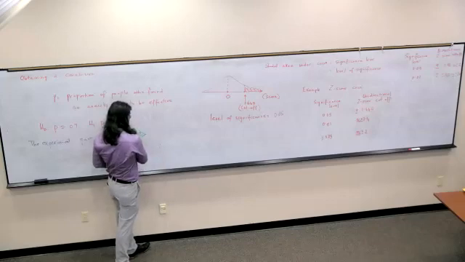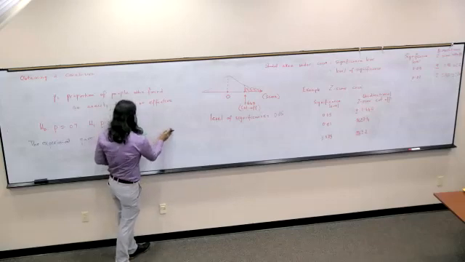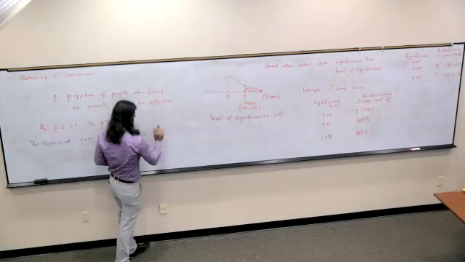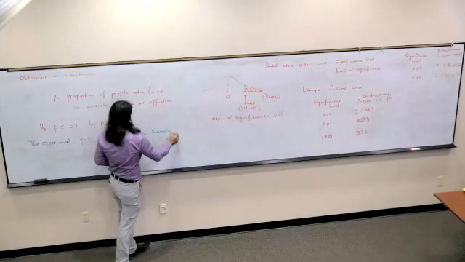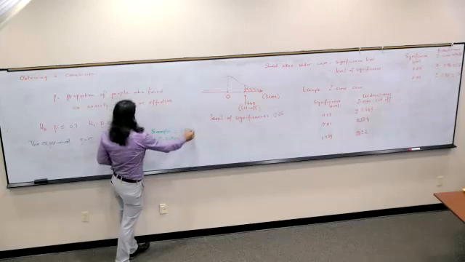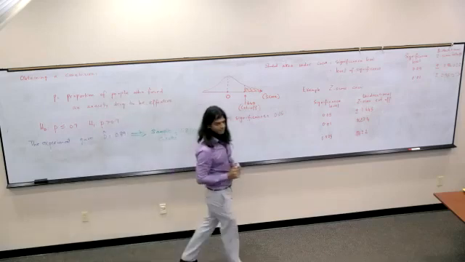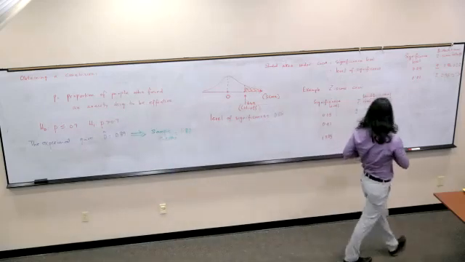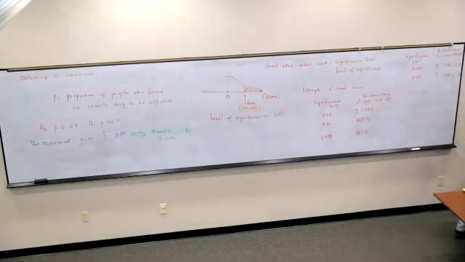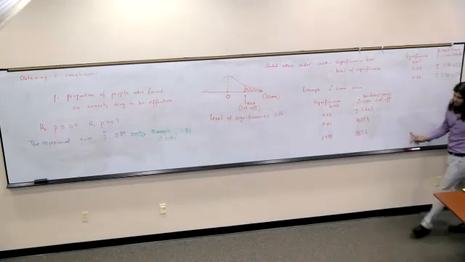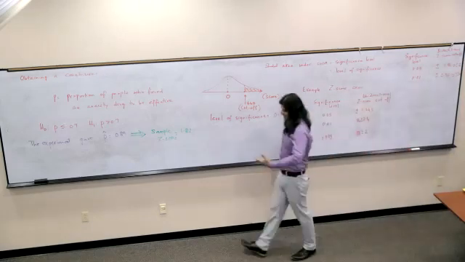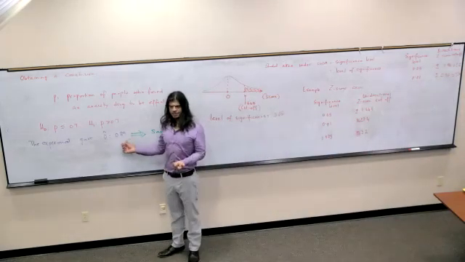So if P hat is 0.89, the corresponding sample Z score happens to be 1.82. So I did the experiments and it gave me 0.89.